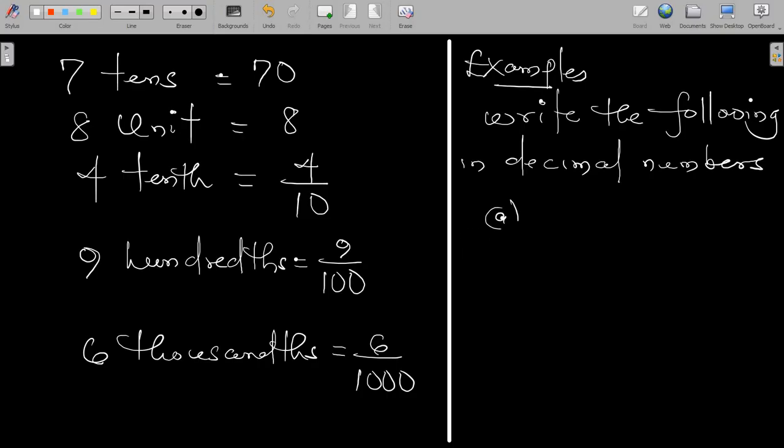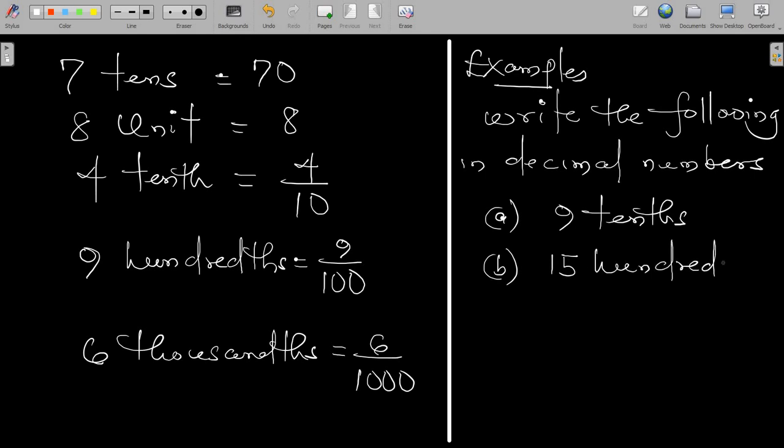Okay, let's start with A, the first one, 9 tenths. The B question, 15 hundredths.